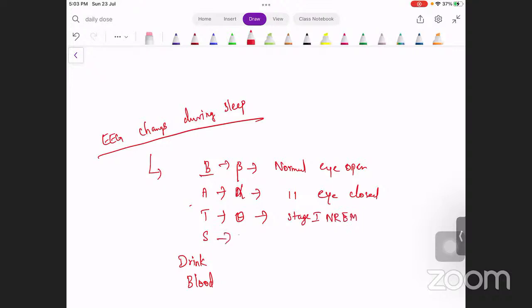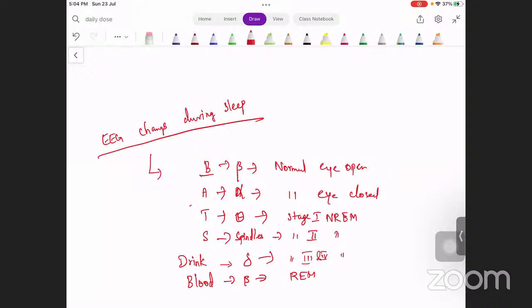S stands for sleep spindles, stage 2 NREM. D stands for delta, stage 3 and 4 NREM. And B stands for beta again, REM. It is one of the quiet, easy mnemonics to remember.